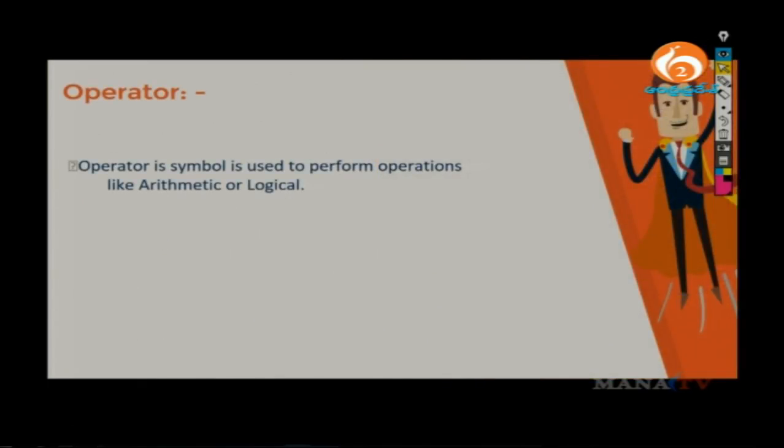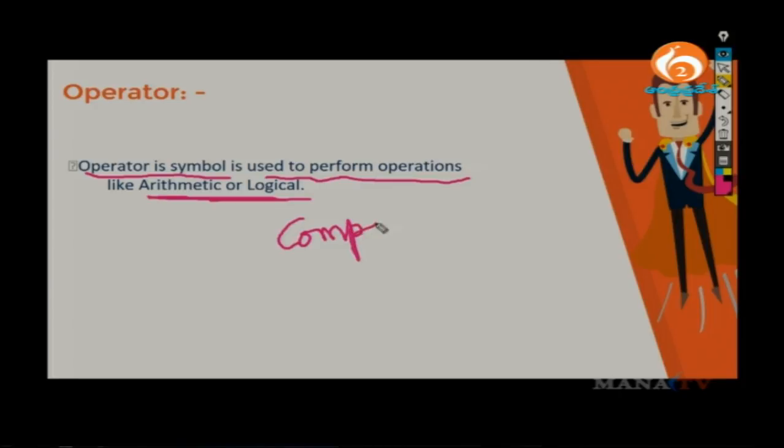Okay, a very important thing you need to understand here. An operator is a symbol which is used to perform operations, either arithmetic or logical, which is assigned by compilers.